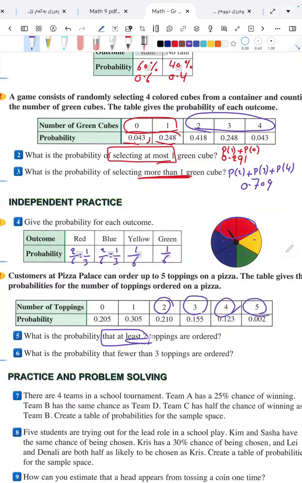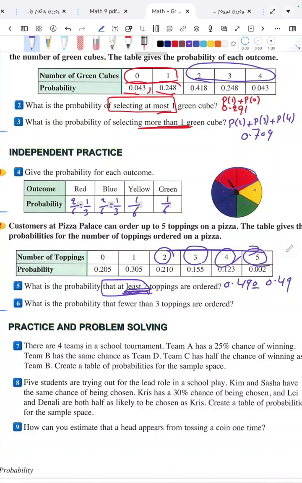Okay, because they say at least 2, meaning the number and more. So when you add them all, it will be 0.490. And as you know, 0 after decimal has no value, so it will be 0.49.